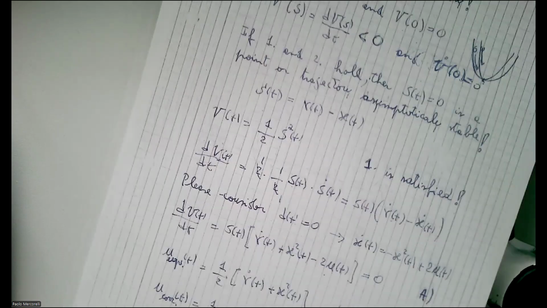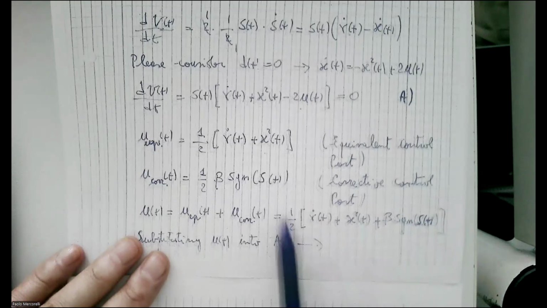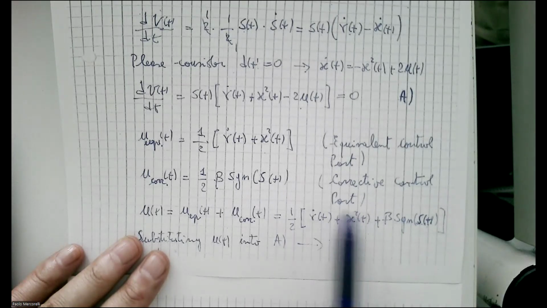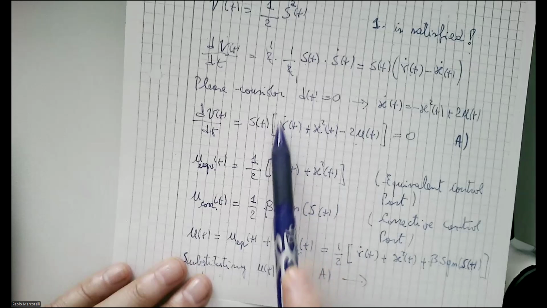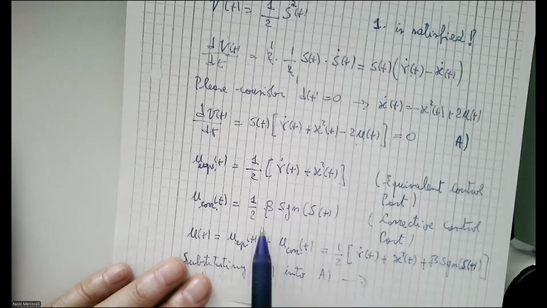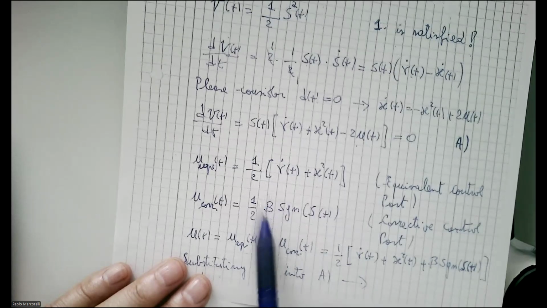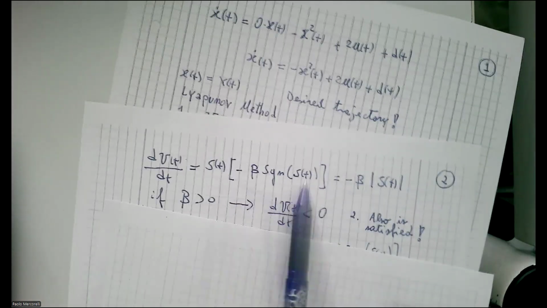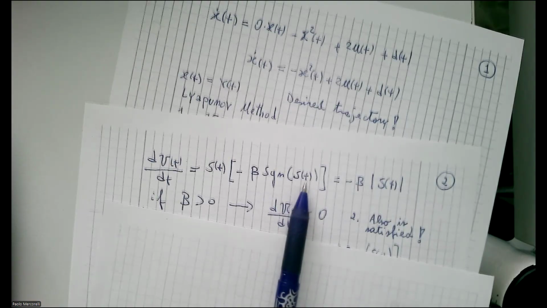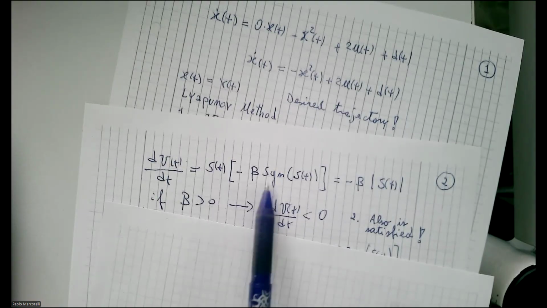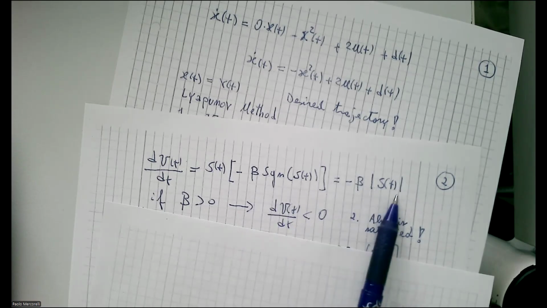Again, 1 divided by 2 multiplied by these two elements will cancel this here. And 2 times 1 divided by 2, multiplied with the minus, guarantees that we have something like that. I don't know if you remember from high school, s of t multiplied by sign of s of t is the absolute value of s of t.